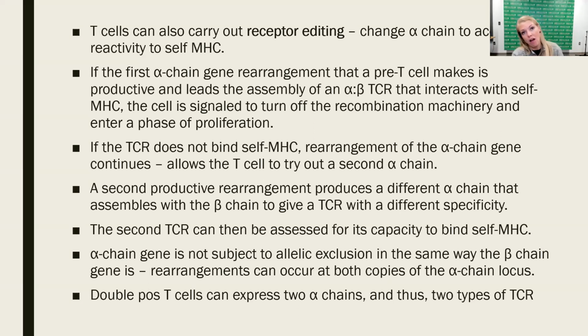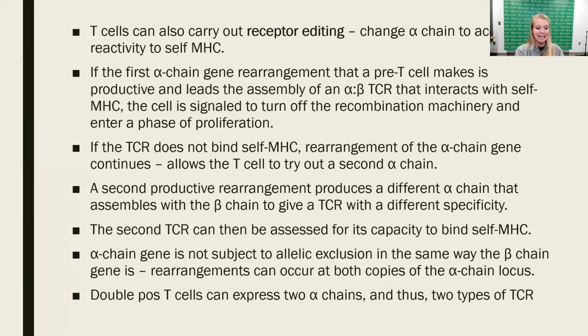If the T cell does not bind self-MHC, then the alpha chain can go through receptor editing, change out that alpha gene chain just slightly, and hopefully try again and be able to recognize MHC. So yeah, that's kind of what that's saying.